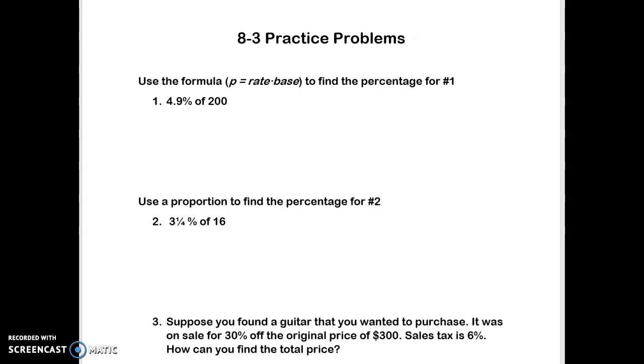I wanted to go over a few practice problems before you jump into your Try These problems for today. Your book is going to ask you, if you read the instructions carefully, to solve the problems in certain ways. For example, you're asked to use the formula from your book, percentage equals rate times base, to find the percentage amount for certain problems, and then also to use a proportion to find the same type of percentage.